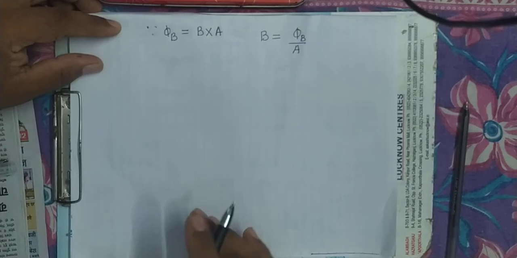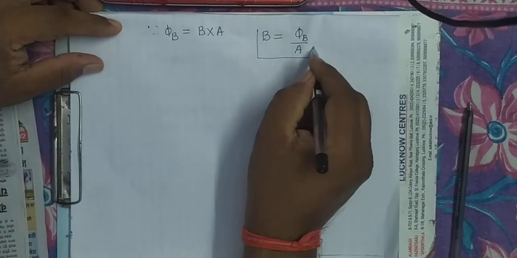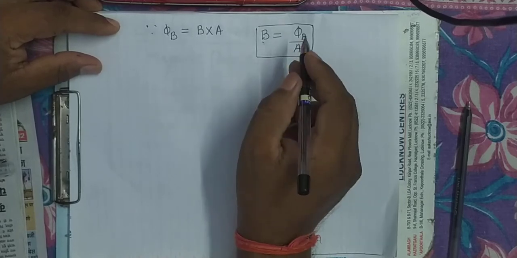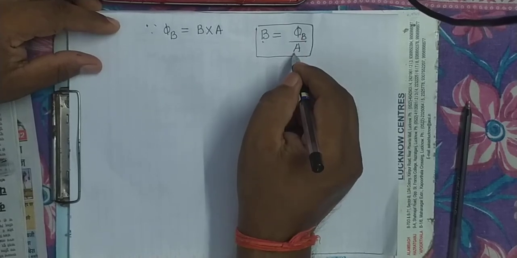It's clear. If you deduce the definition of B from here, what is it? It is the magnetic flux through unit area.